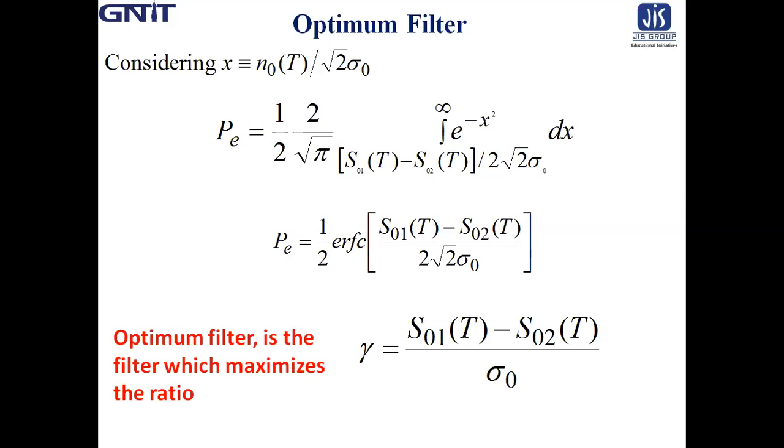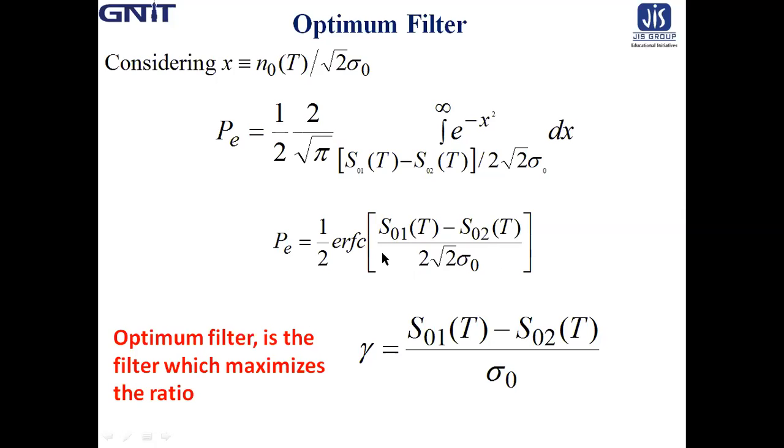Hence, the Pe decreases as the difference S01(T) minus S02(T) becomes larger, and as the RMS value of noise voltage, that is sigma0, becomes smaller, then the probability of error decreases. Therefore, optimum filter is the filter which maximizes this ratio.